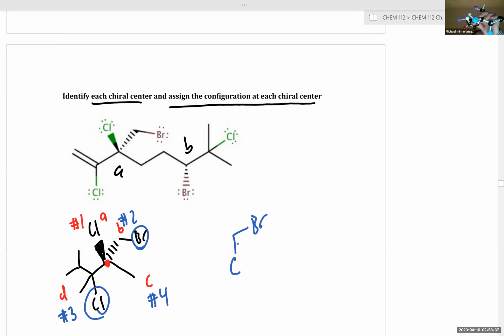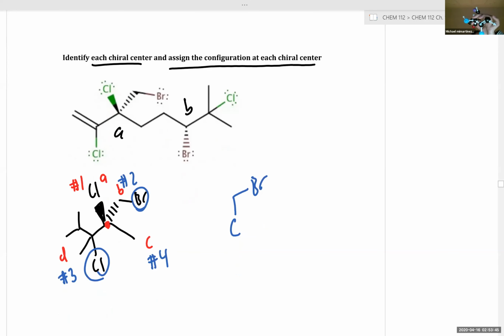So our group with the bromine on top, what group is pointing out of the page towards you? Which group is pointing directly at you right now?